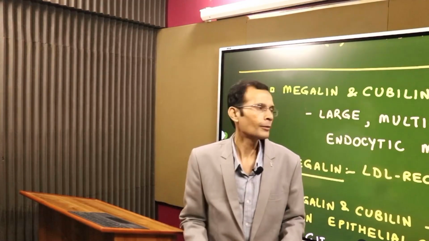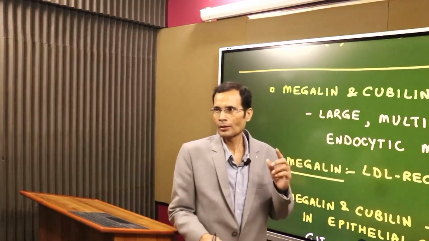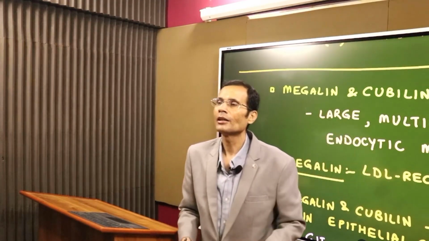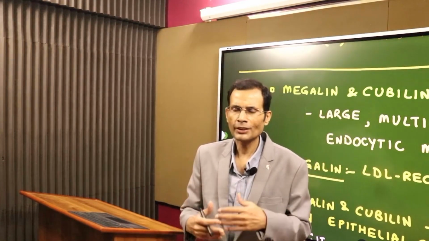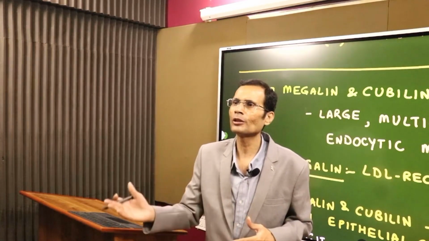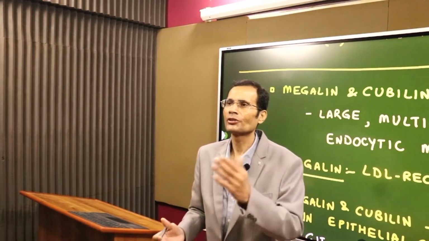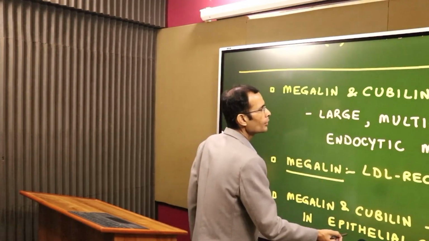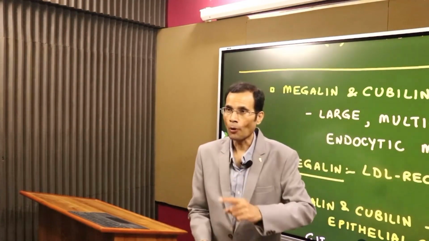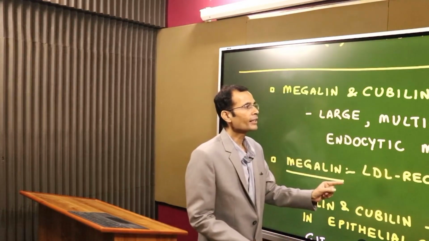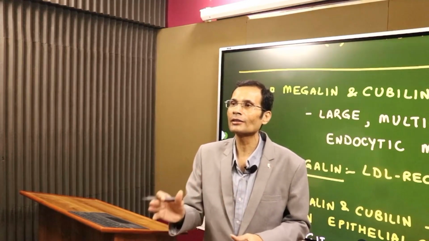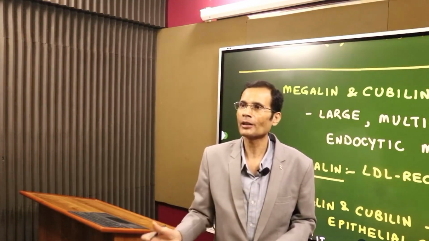It's quite specific. But in this case, either megalin or cubilin, they are multi-ligand types of receptors. They can identify a lot of ligands, hormones, drugs, and various other chemicals. So, multi-ligand, that's important aspect. Endocytic membrane proteins, that is, they are involved in the endocytosis of those ligands, of those chemicals.